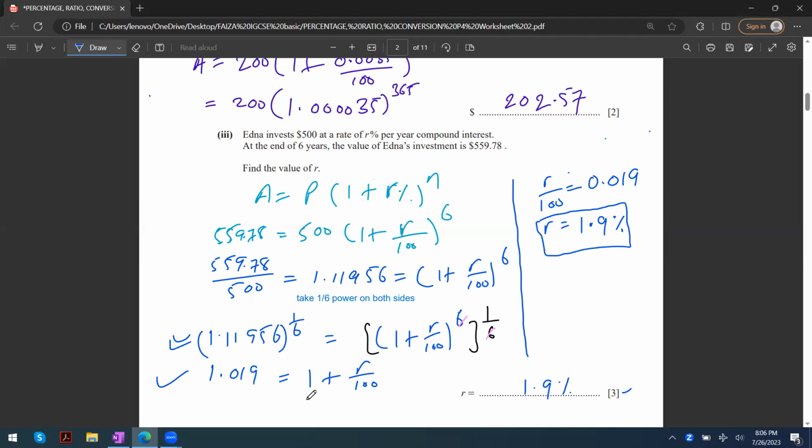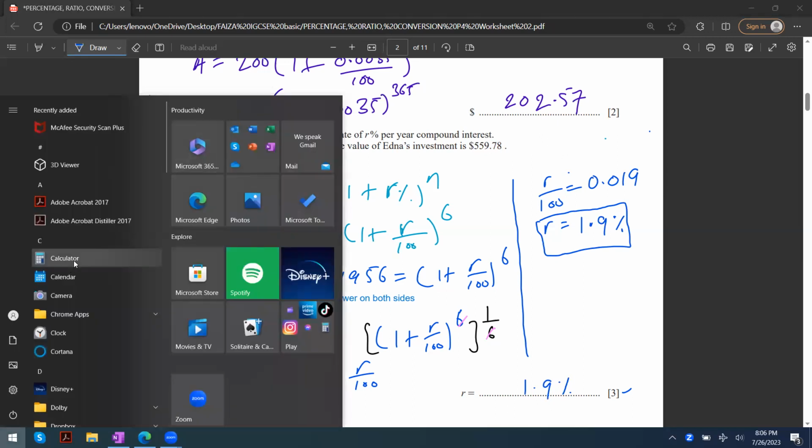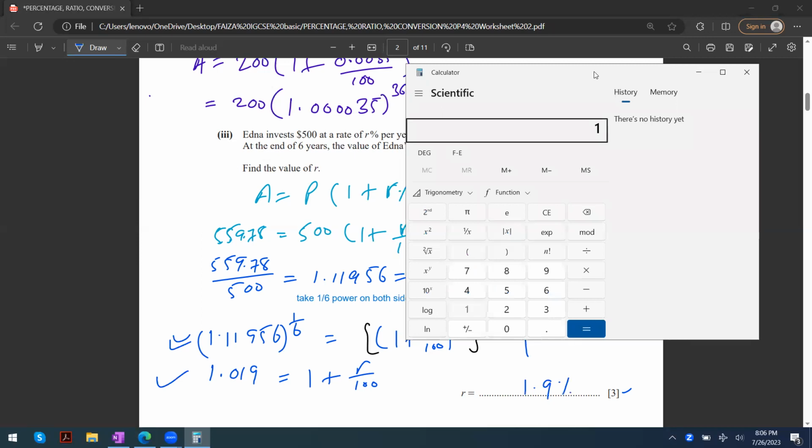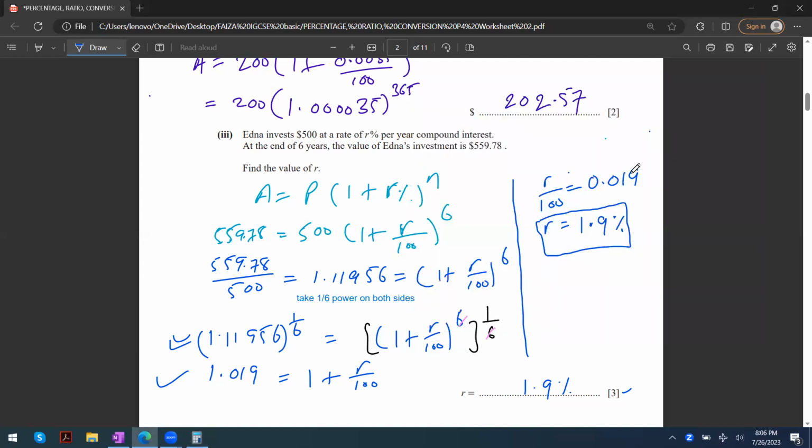You can just move 1 to the other side: 1.019 minus 1 is 0.019. So 0.019 is on the right side and this is on the left side. I just switch the sides. R over 100 is 0.019. Then this 100 will multiply with 0.019, so it is 1.9%. R is 1.9.